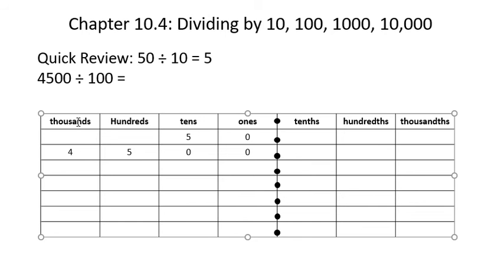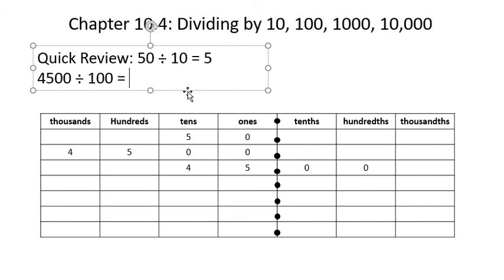So this 4,000s moves over two columns and becomes 4 tens. My 500s moves over two columns and becomes 5 ones. My 0 and my 0 just carry over, and I can put them down like that. So 4,500 divided by 100 is 45.